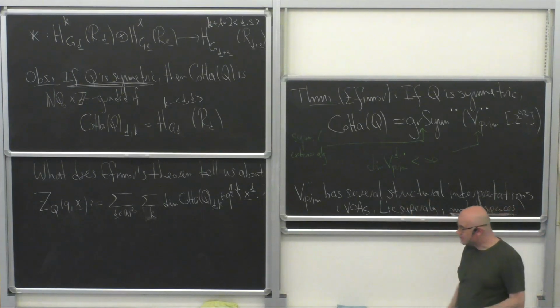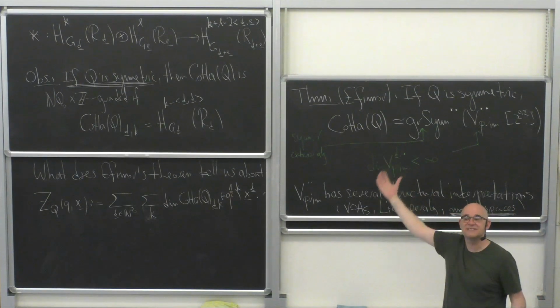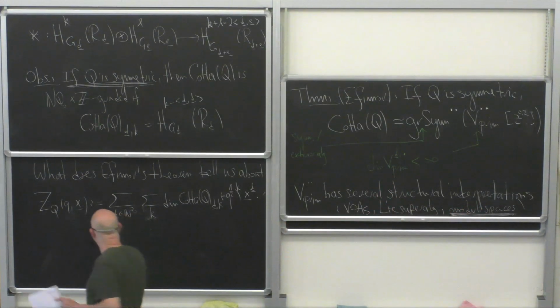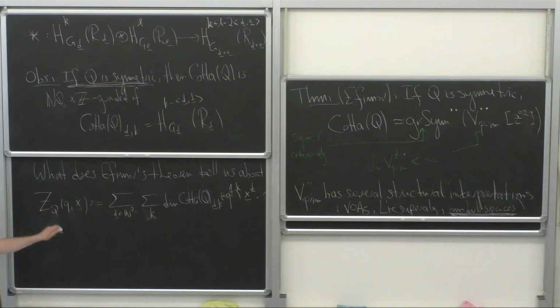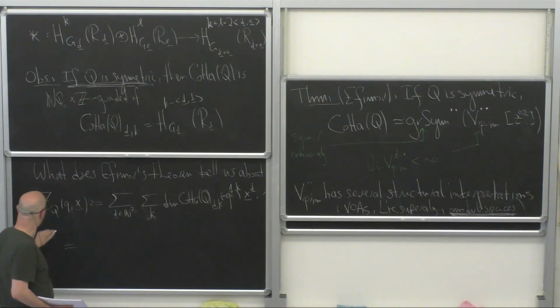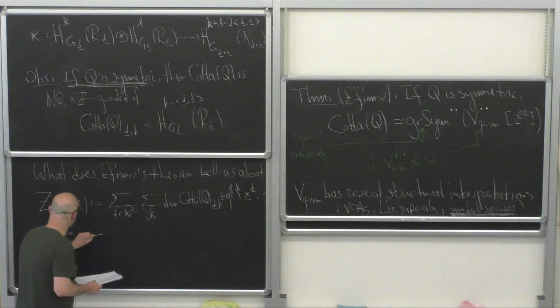So this is a partition function which you can naturally associate to a quiver. It shows you the size of the Coha. And what does Efimov's theorem tell us? Well, first of all, this is easy to calculate from the definition. From the definition, you can calculate this as a so-called q-hypergeometric series, so you can really express it in elementary terms. It looks as follows.